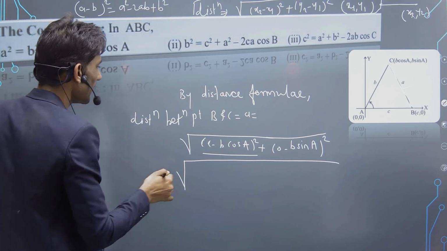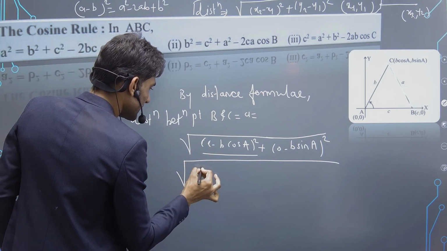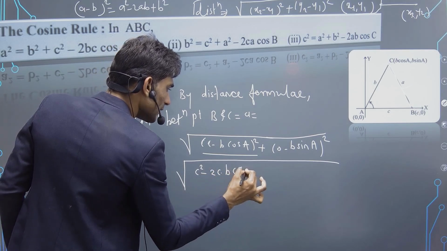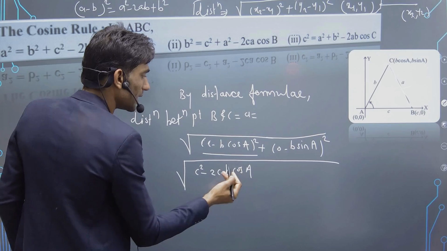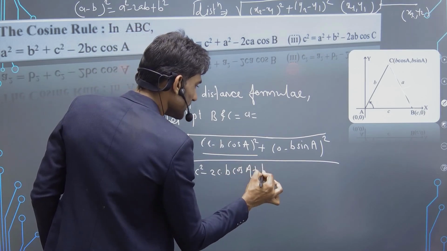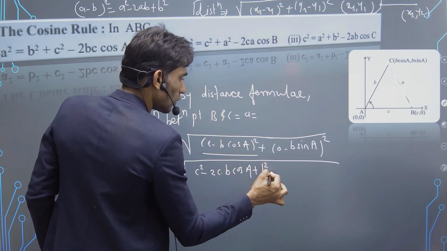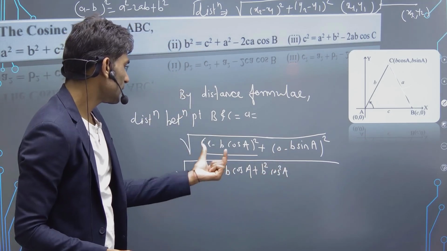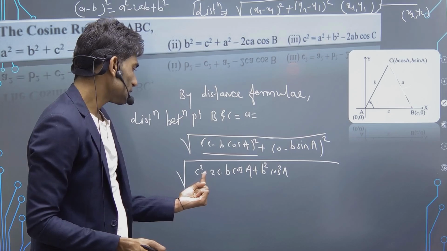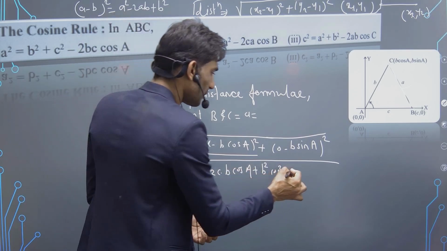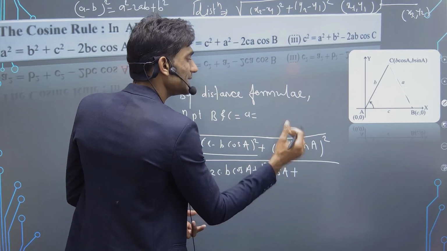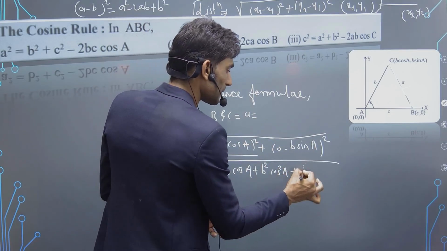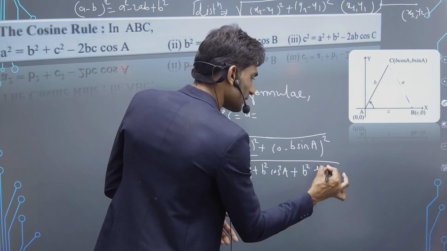So we can write this as c square minus twice of c into b cos A, plus b square cos square A. Plus, for the second bracket, negative of b sin A squared, negative squared comes as positive, so we write it as plus b square sin square A.